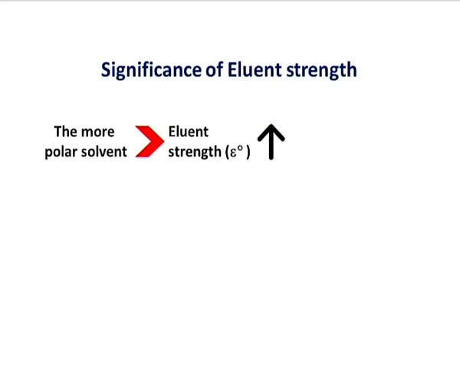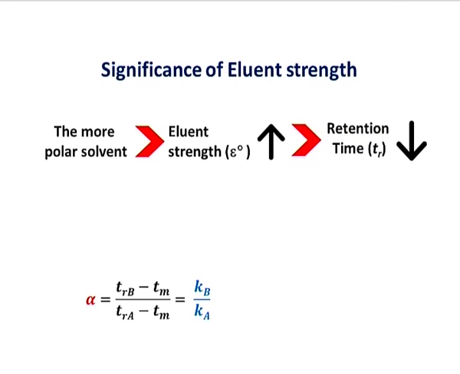In a normal chromatographic experiment, the more polar solvent one would take, it would mean higher would be the eluent strength of that particular mobile phase, and that would mean lesser would be the retention time of the solutes in question, which would then mean lesser would be the capacity factor.